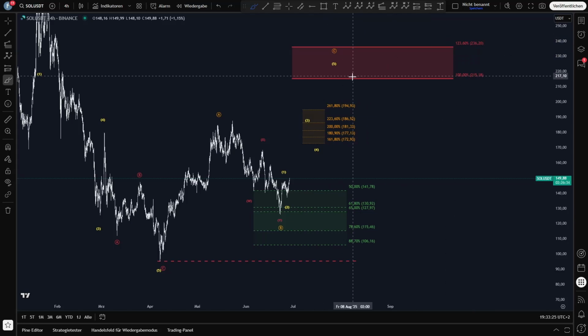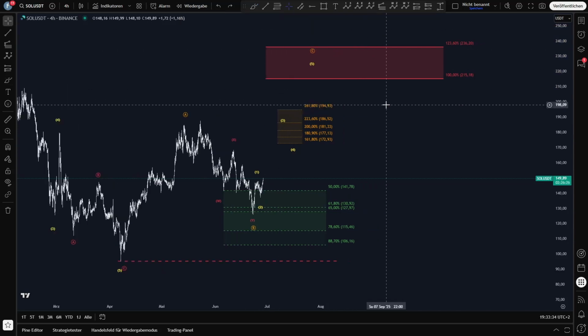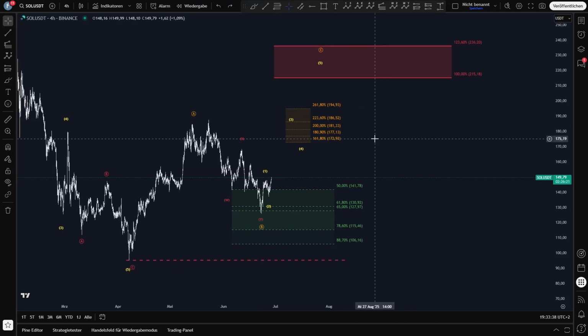So the wave C can also be more bullish. There are other Fibonacci levels, but for that the chart needs to give me more evidence that the chart is more bullish than expected.